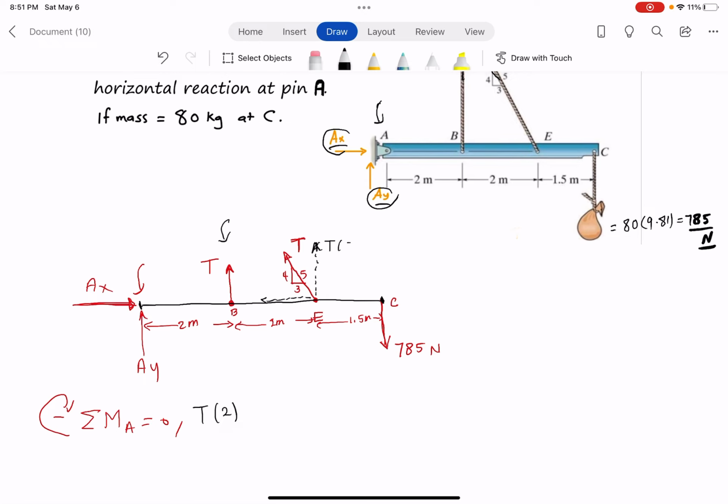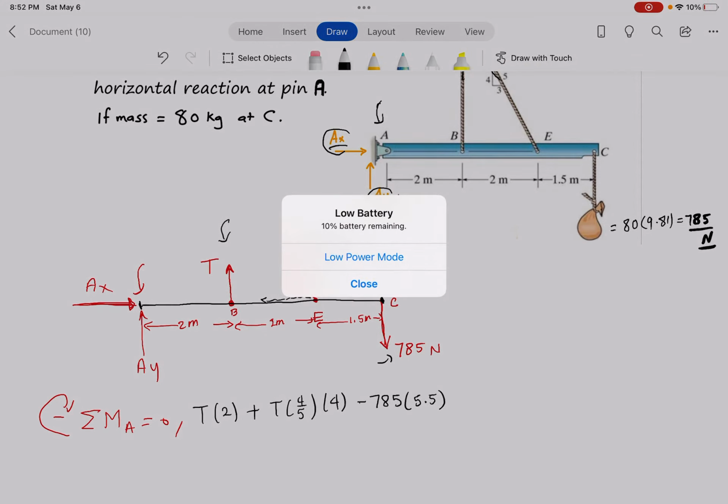So let's find this tension. It's tension times 4/5, and this will produce a positive moment around A, times 4. That's the distance between point E and A. 4/5 times 4. And then what we have? We have this load, and this will give you a negative moment, minus 785 times 5.5.